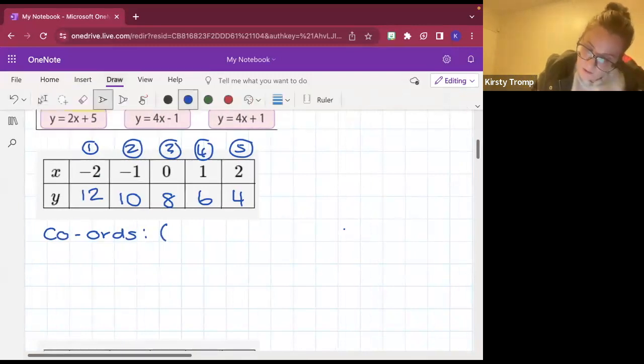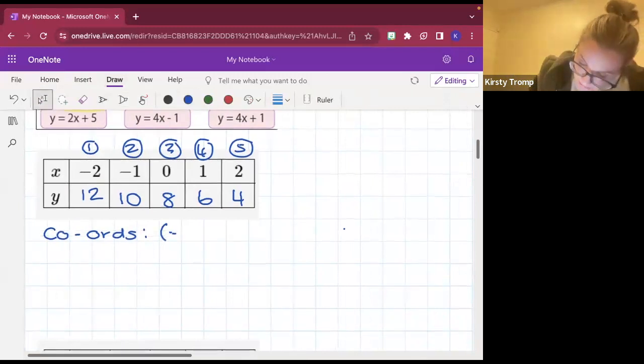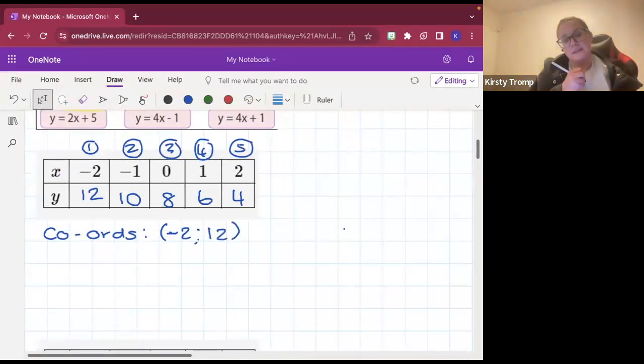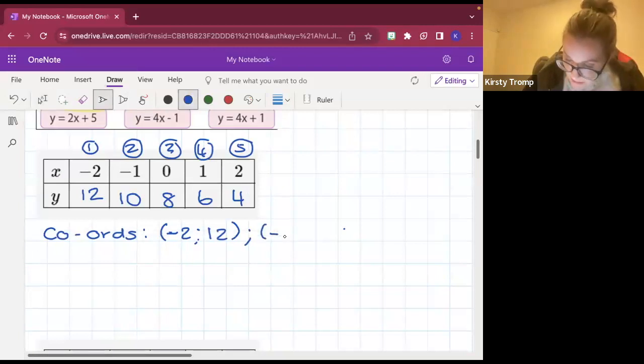I'm going to write out my coordinates. I'm going to ask my x, so -2, y. All right. My next one, I'm going to ask my x, y.